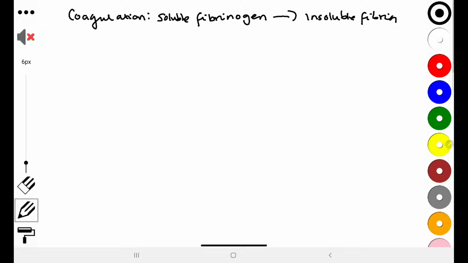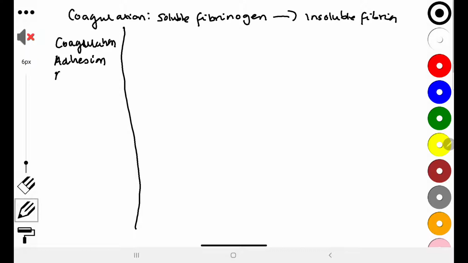So terms that we will need to familiarize ourselves with as we go through this component: we need to know what coagulation, of course, is. Not only that, but we need to appreciate what adhesion and aggregation are, and in between this, we will appreciate activation.